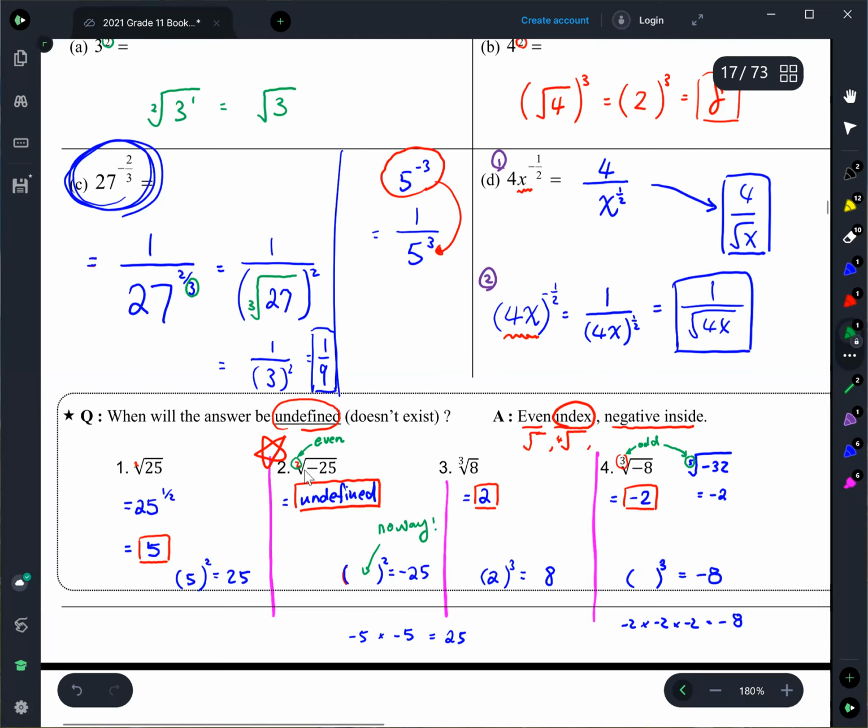So with an even, with a negative, okay? Even, negative. Please raise your hand if you finish writing, okay? Even, negative, undefined, all right? Even, negative, undefined.